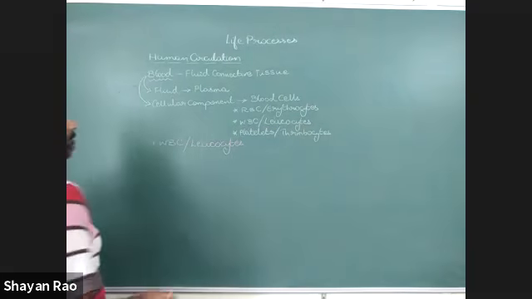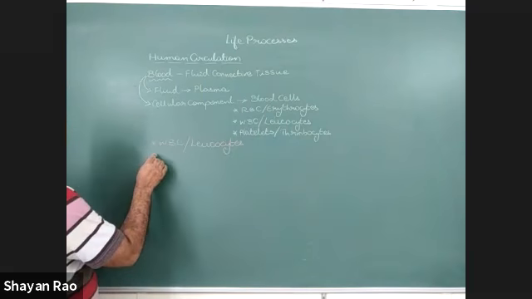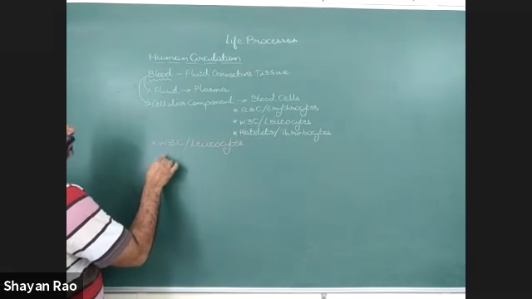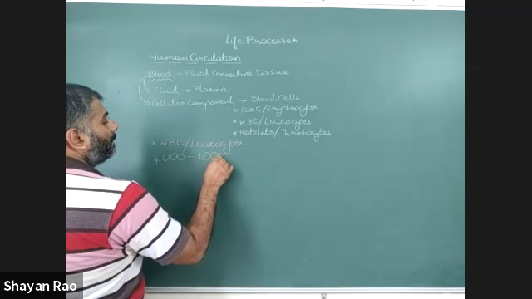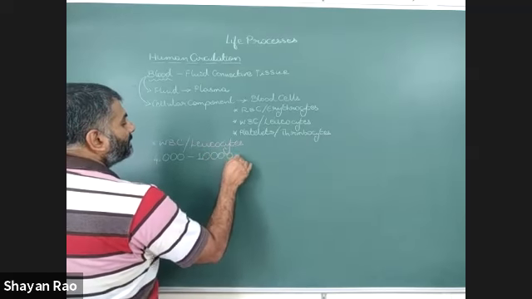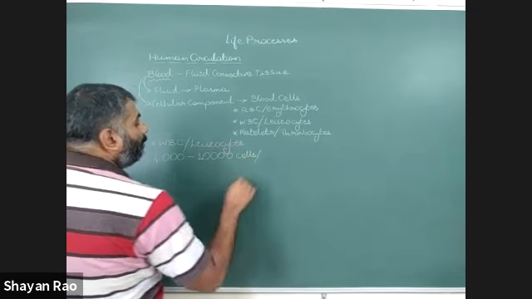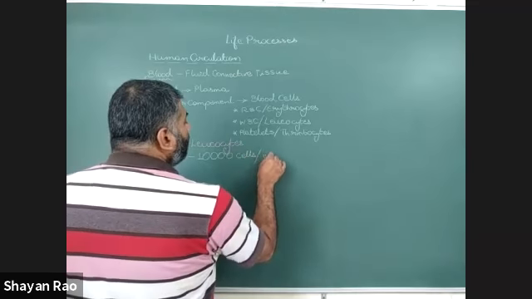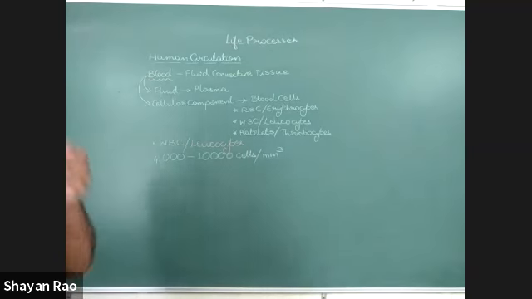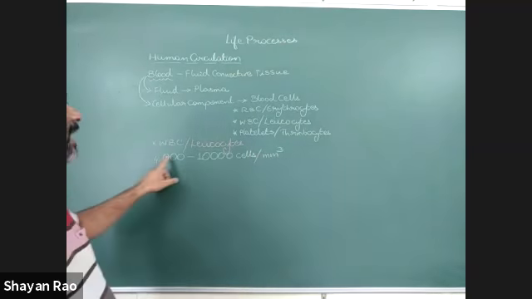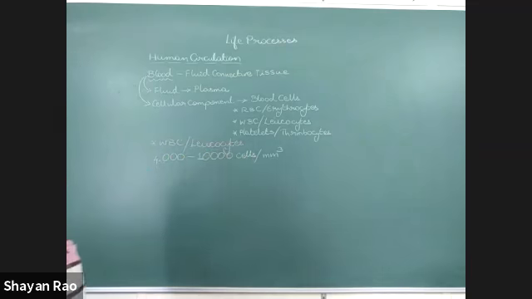So their number varies from 4,000 cells to a maximum of 10,000 cells per millimeter cube of blood. So that is the average count of leukocytes we have in the human body.